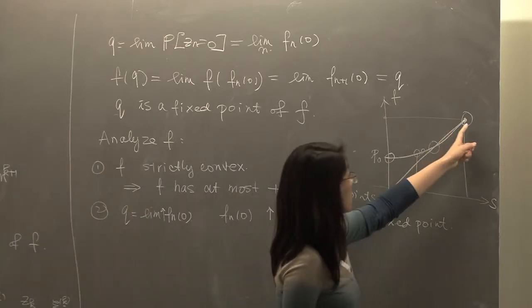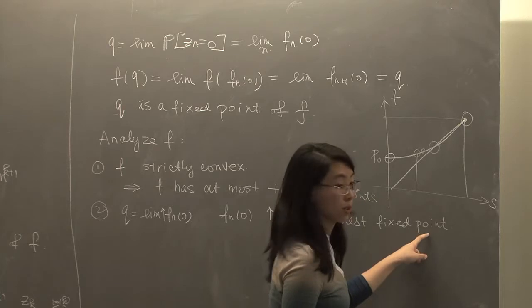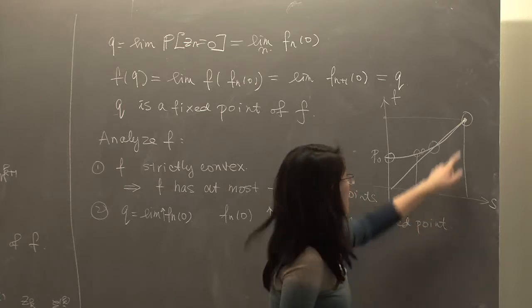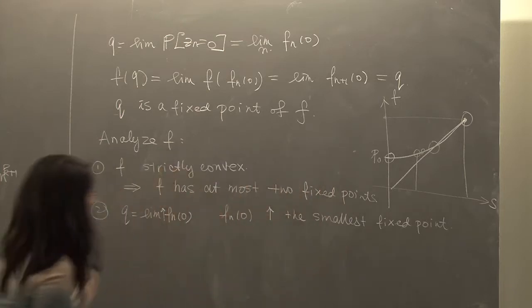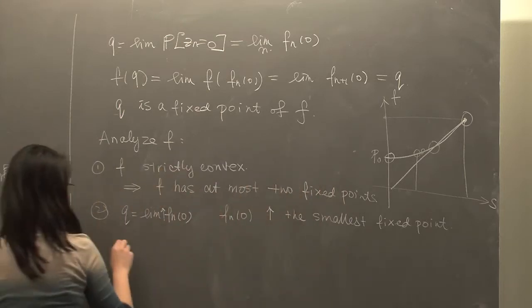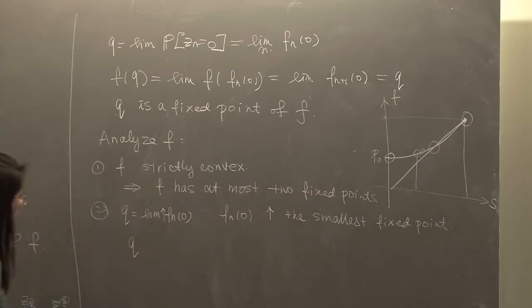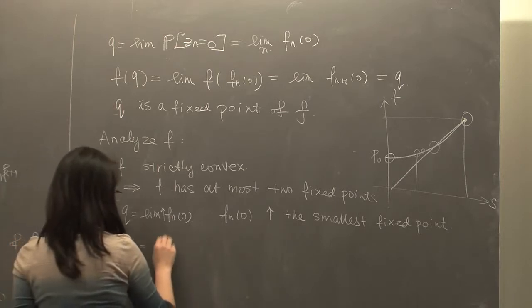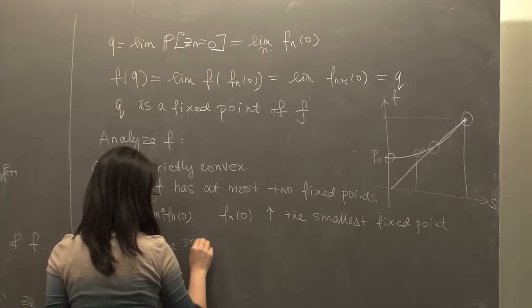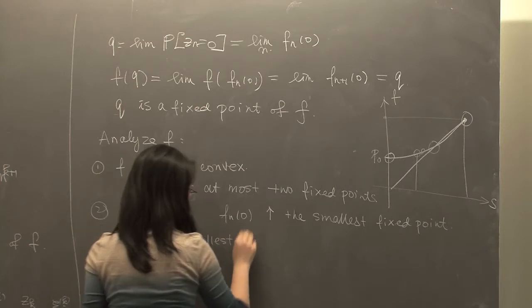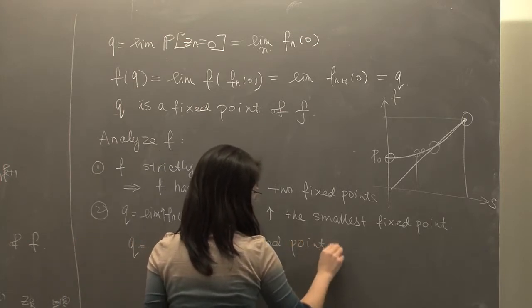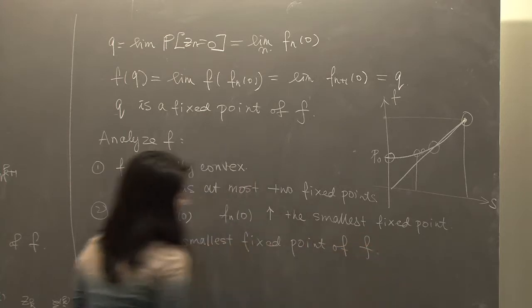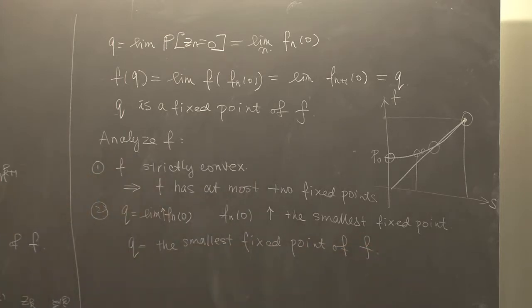If there is only 1, then q equals 1. But if there are 2, then q is the smaller one. So combining these 2 observations, we can see that the extinction probability q is the smallest fixed point of F.